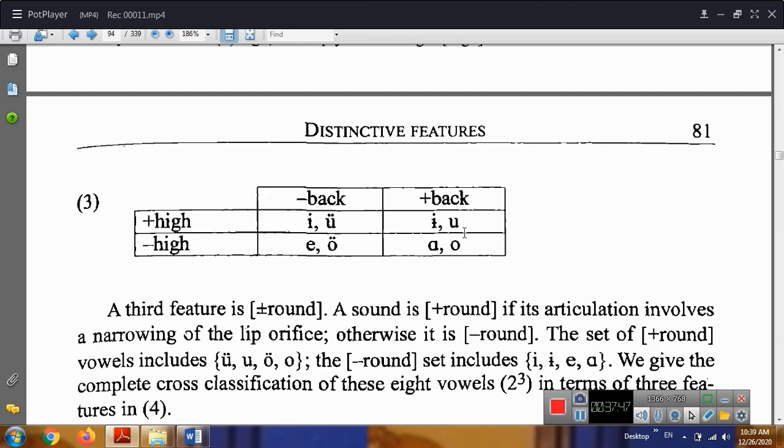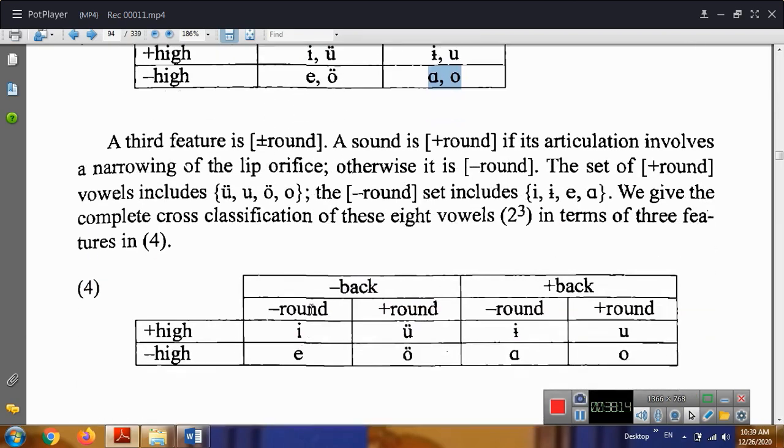By minus high and plus back, we mean these sounds. Therefore, for specifying these sounds in Turkish, we have 2 distinctive features.